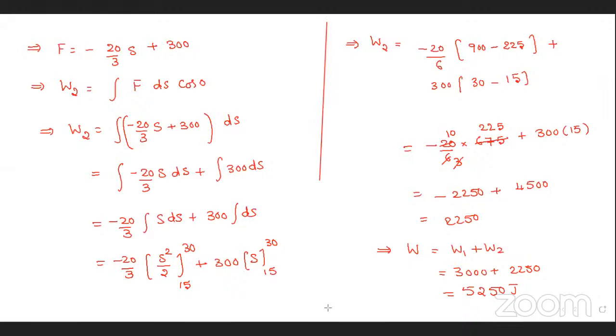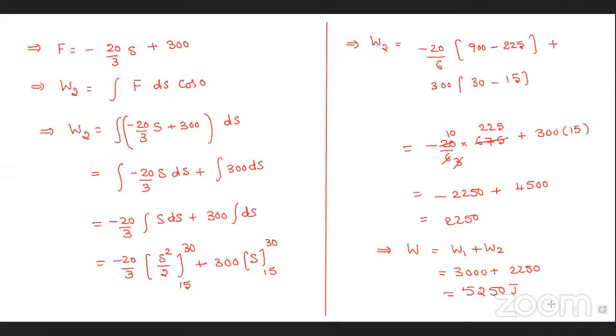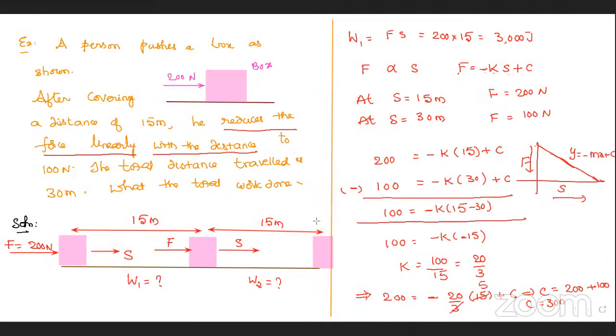But once you check the procedure, does it not appear to be very lengthy? That's why, sometimes, if you know the limits provided, like in this problem, at 15 meters and 30 meters, the limits of the force, you know it reduces from 200 to 100.